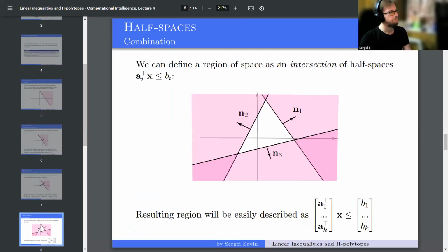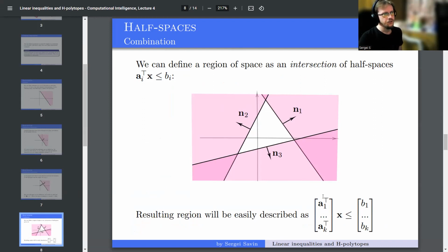Now, if we have multiple half spaces, which is our goal, then we have multiple n1, n2, n3. We get a1, a2, a3, b1, b2, b3 from those, and we stack them this way. By stacking them, we get a nice stack of inequalities which have to be fulfilled simultaneously.